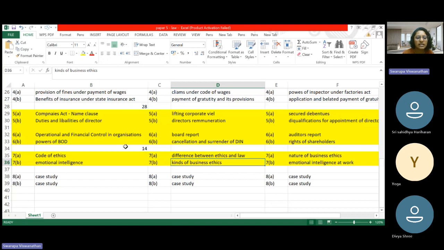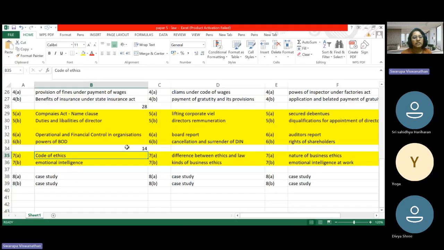These are the scoring areas in law paper. Never take business ethics lightly, because it can be a game changer for you. Then the case study question will be from Companies Act or Indian Contract Act. There also you can score 14 marks if you are thorough with Companies Act and Contract Act.